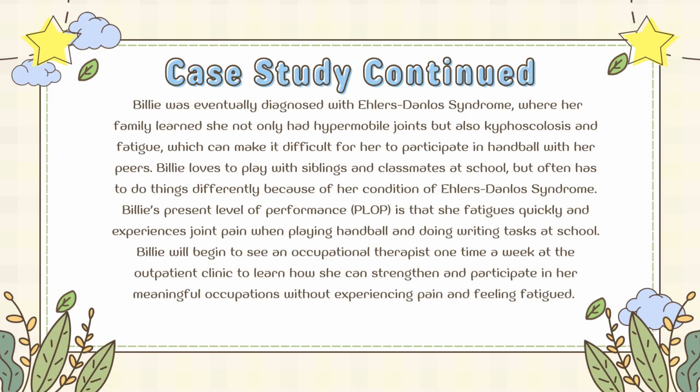Billy's present level of performance, PLOP, is that she fatigues quickly and experiences joint pain when playing handball and doing writing tasks at school. Billy will begin to see an occupational therapist 1 time a week at an outpatient clinic to learn how she can strengthen and participate in meaningful occupations without experiencing pain and feeling fatigued.